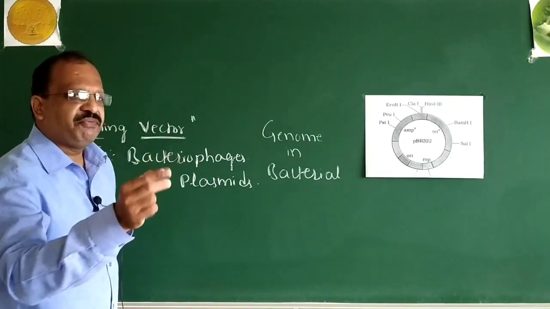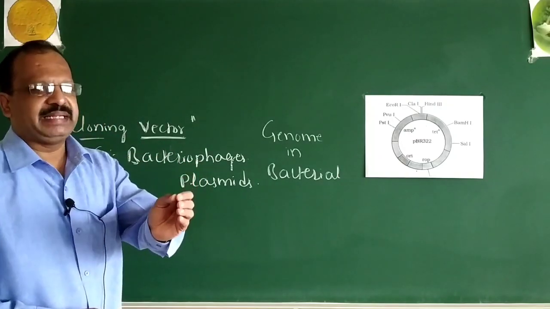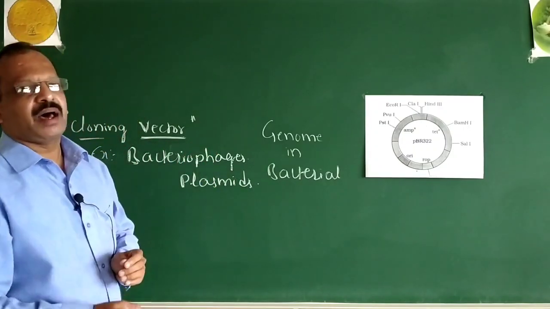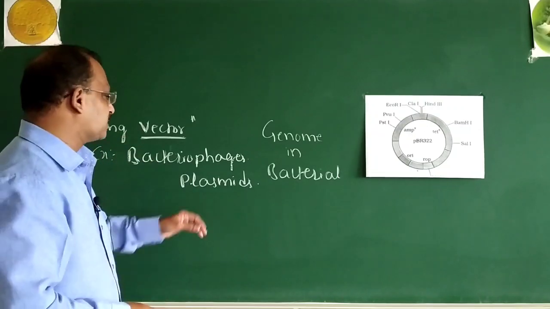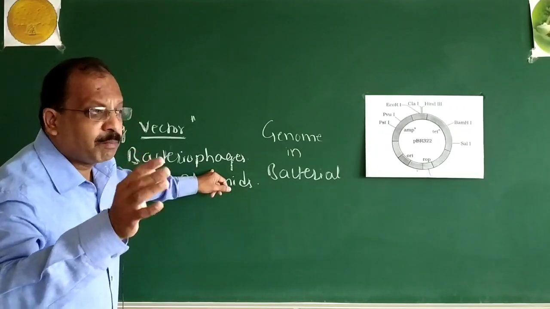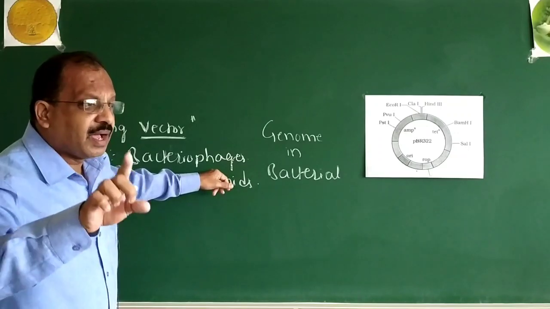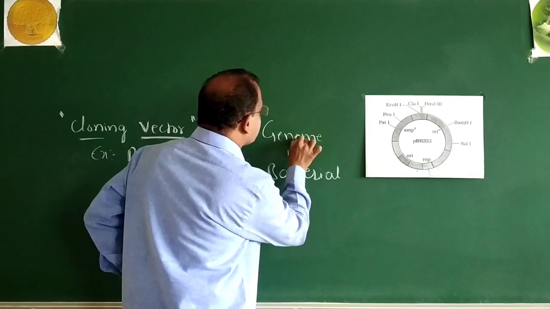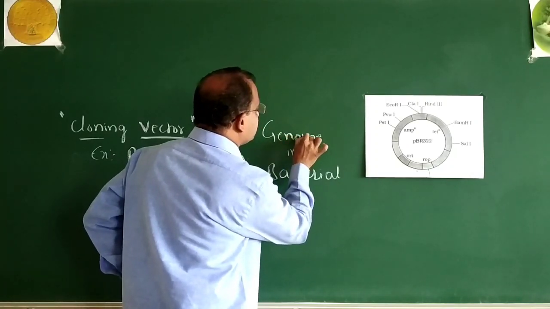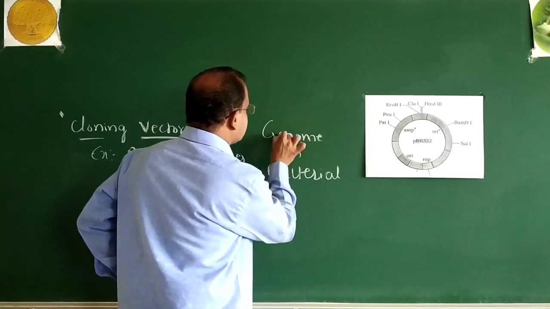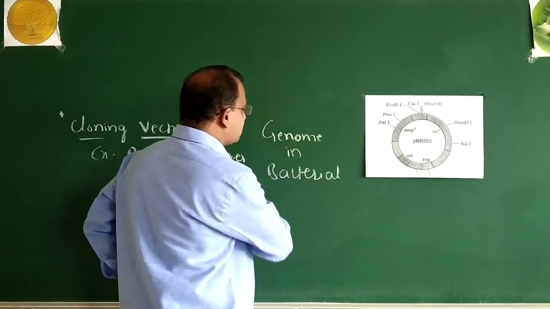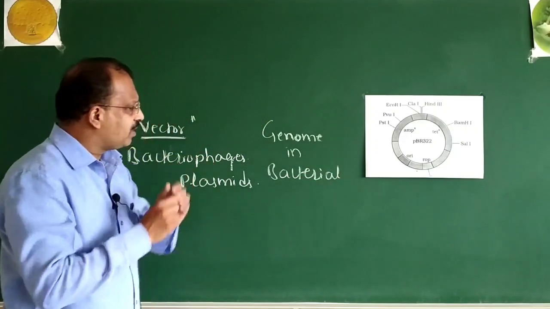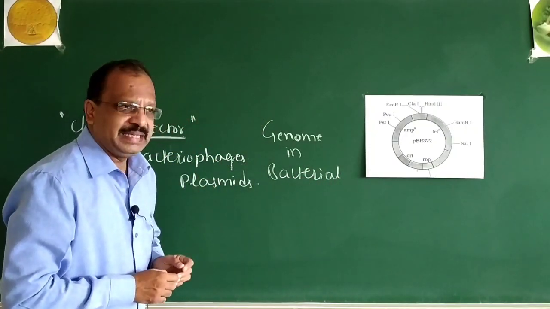Viruses which infect bacteria are called bacterial viruses. Because of their high number per cell, they have several copies of genome in a bacterial cell.